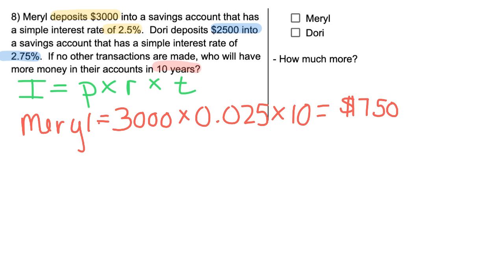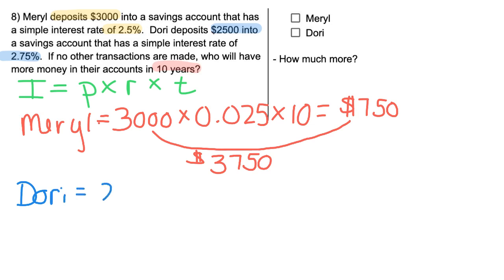She had $3,000. She earned $750. Meryl will have a grand total of $3,750. All right, let's do the same thing with Dory.